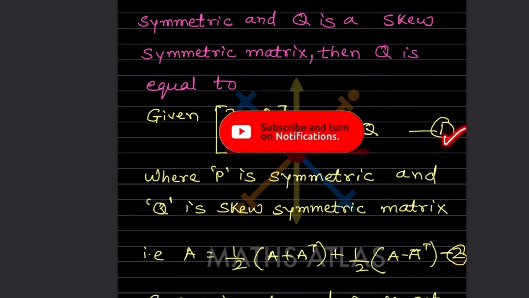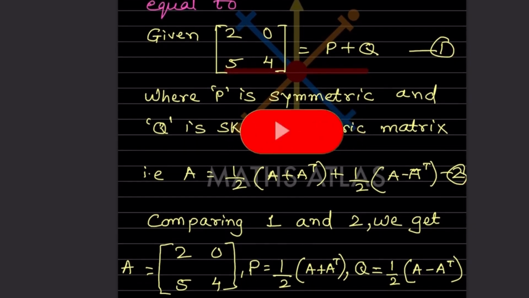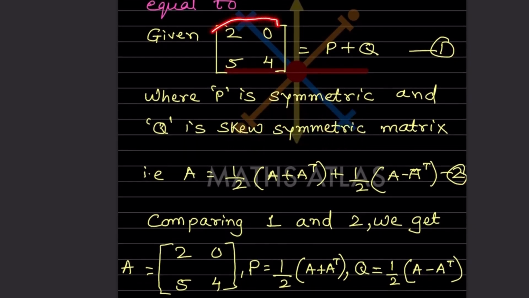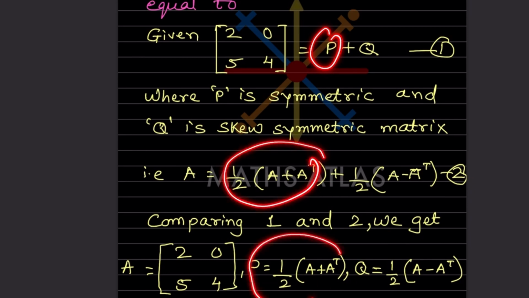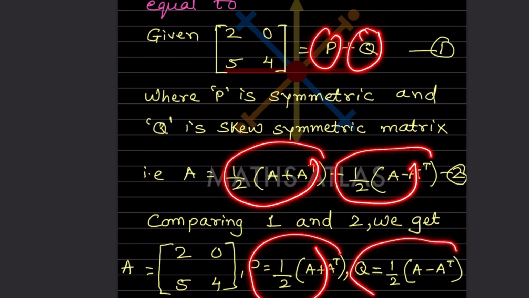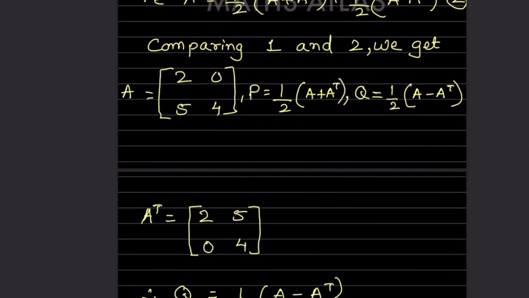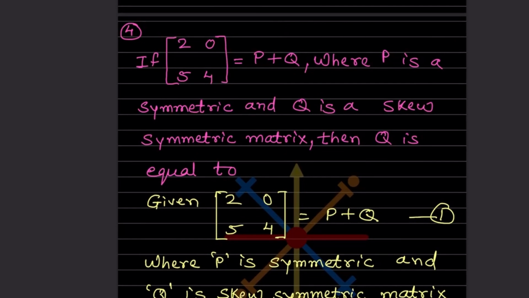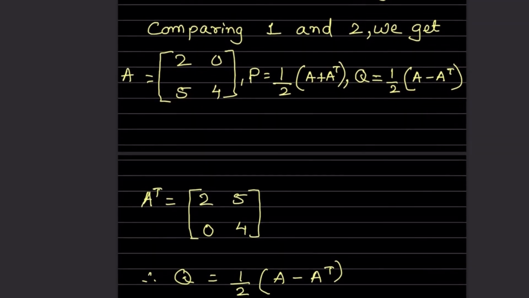So we are going to compare these two equations. So what will we get here? This A. Can you see here and here? This is A. So now this and this is P. Then this, so this will be Q. So now what we want here, that if this is there, then we have to find the value of Q. So now see here, now A is here, so A transpose is going to be here.